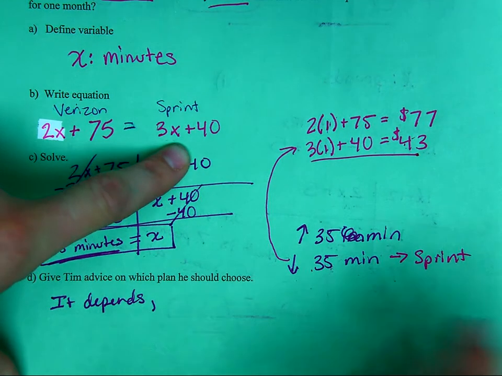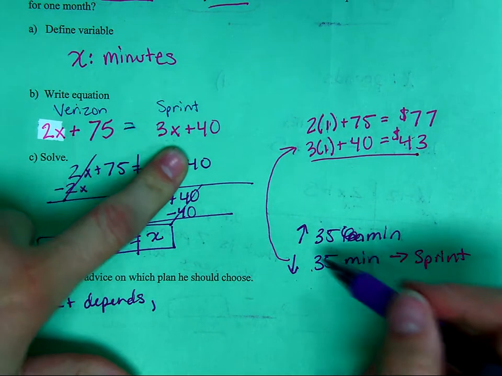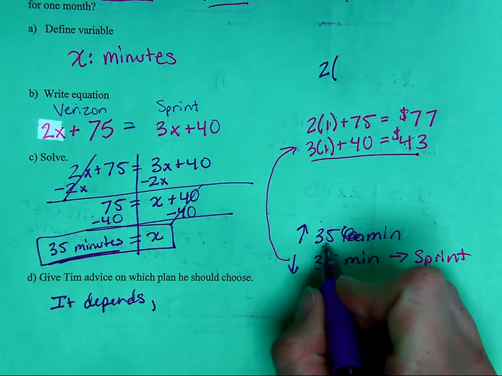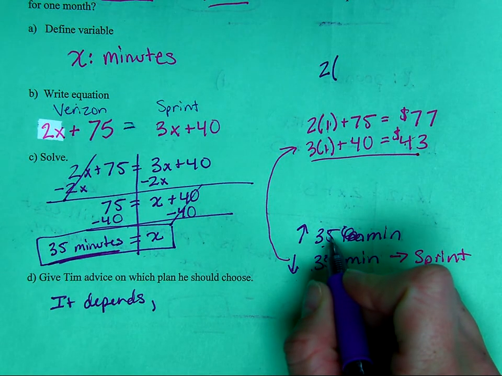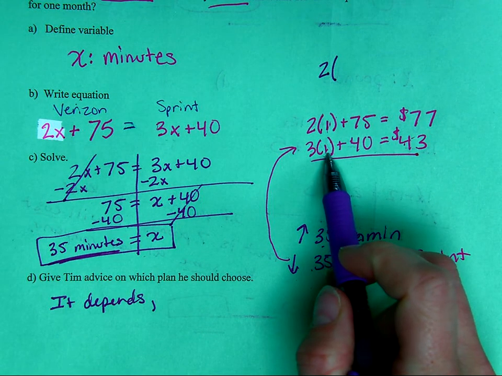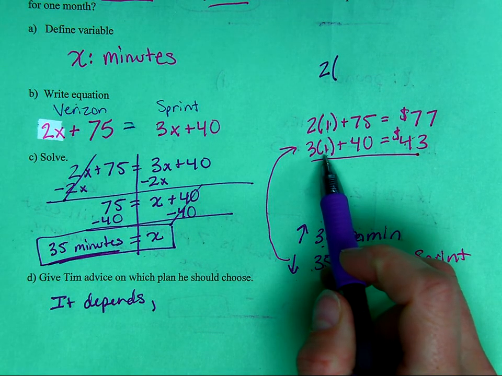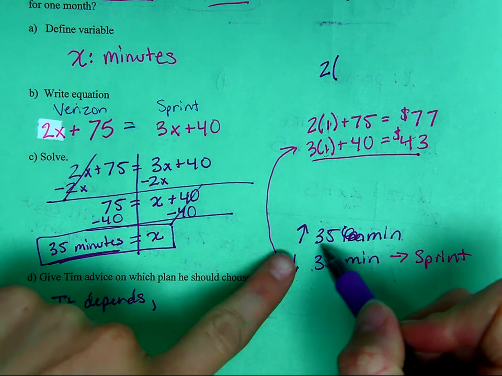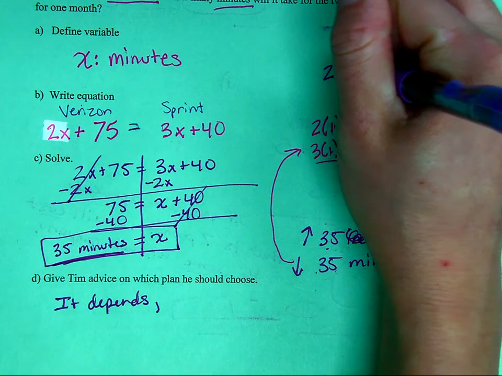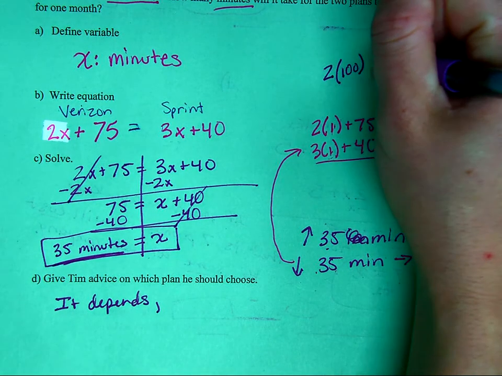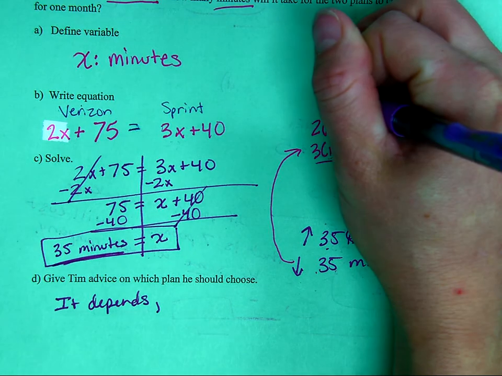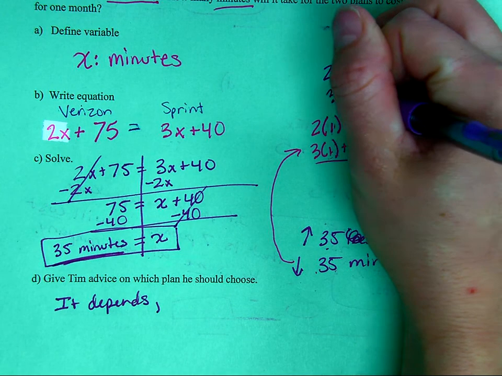So more than 35 minutes, I can do the same thing. At Verizon, I want to pick a number greater than 35 to plug in. Okay, I chose 1 when I was doing less than 35 because that's a really easy number to do a calculation with. So when I think of a number greater than 35 that's really easy, I think of 100, but you could use any number that's more than 35. Okay, so I'm plugging these both in.